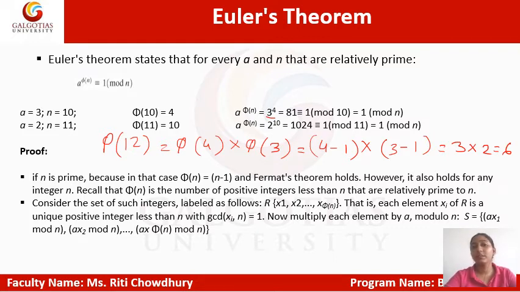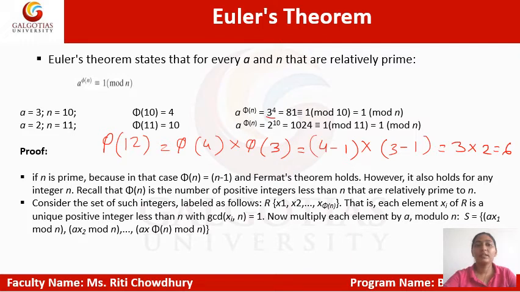So here you can see that Euler's theorem states that if A and n are relatively prime, then a to the power phi(n) is equal to 1 mod n, which I already explained. That means, suppose a is equal to 3 and n is equal to 10.